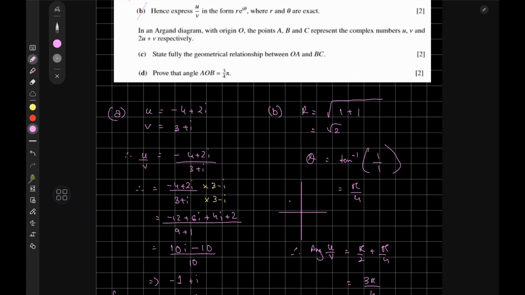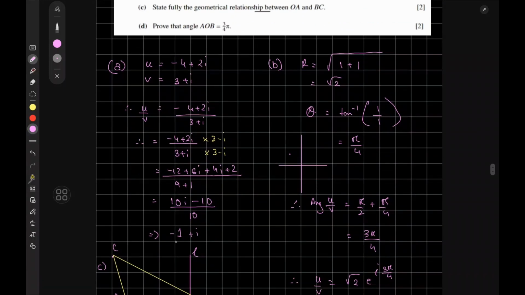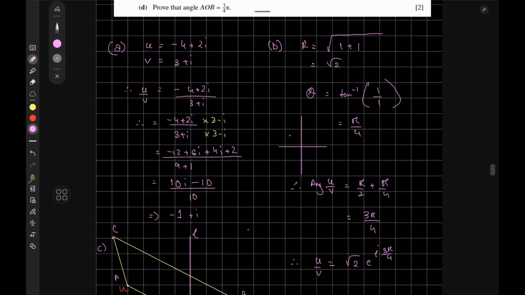So for r, we're taking root over 1 plus 1. Why? Because this is a value of 1, and in front of the i there is 1 as well. So this can be expressed as this triangle, where on the x-axis it moves by 1 and on the y-axis it moves by 1.